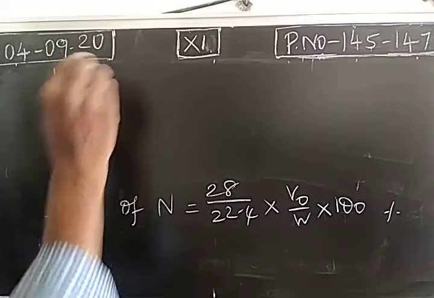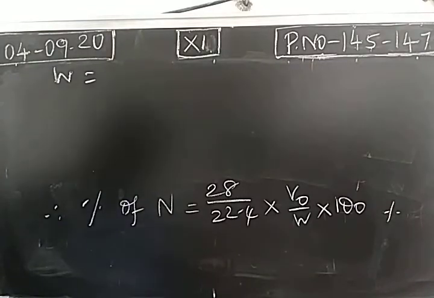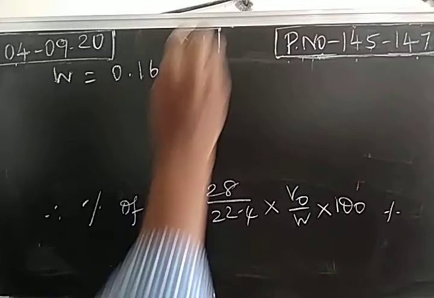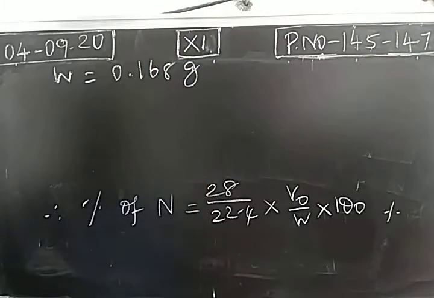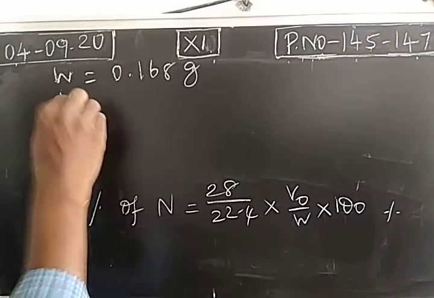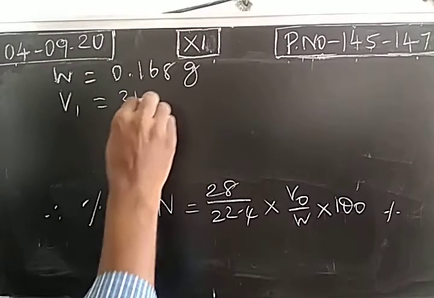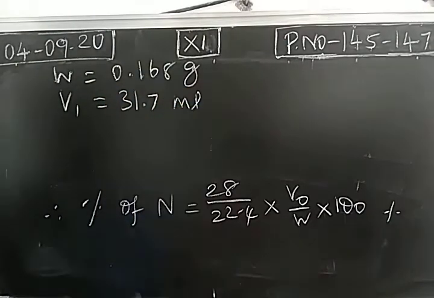In the problem they have given the weight of organic compound as 0.168 gram. Then the volume of nitrogen gas liberated at room temperature is 31.7 milliliter.